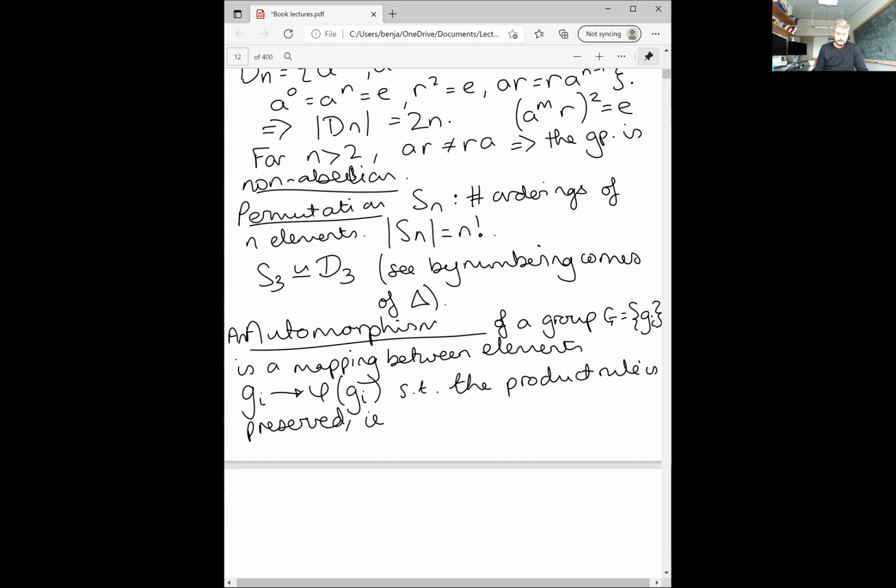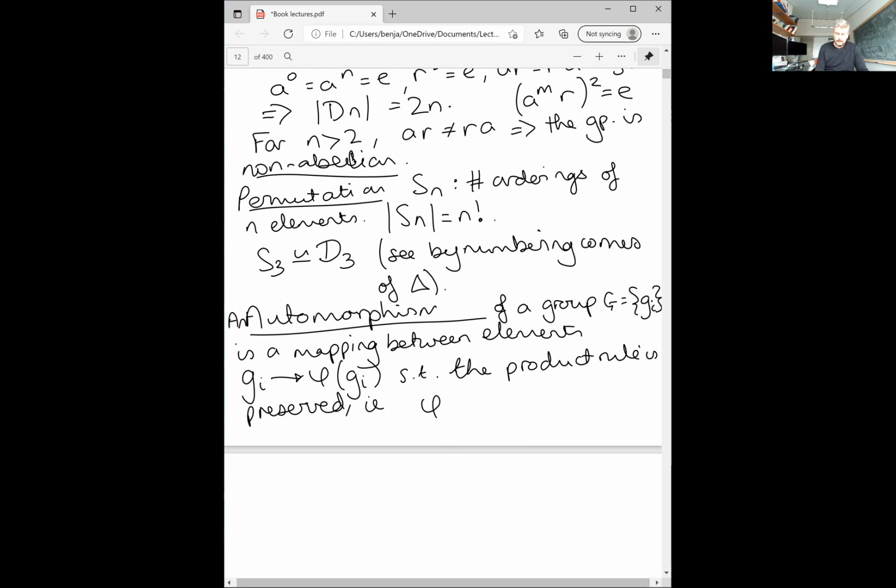So in other words, phi of Gi, phi of Gj is the same thing as taking a map of Gij. And this is for all elements of the group Gi and Gj.